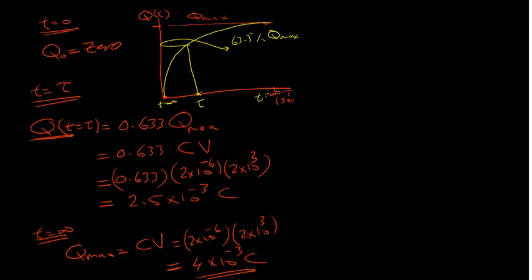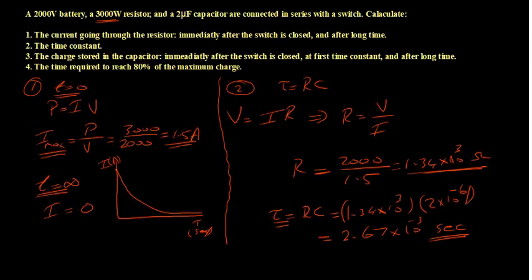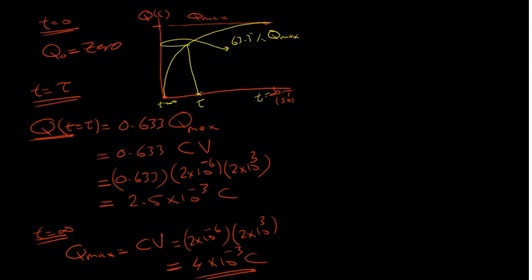All right. Now, for the last part of the question, I'm sorry, let's go back a step. It's asking for the time required to reach 80% of the maximum charge. Okay, you can draw a line here.